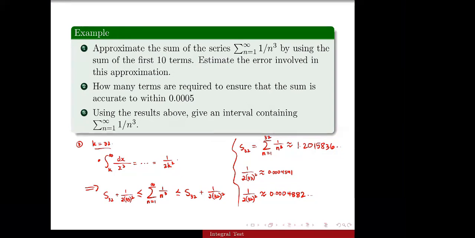So on the left hand side, I have 1.2020427.